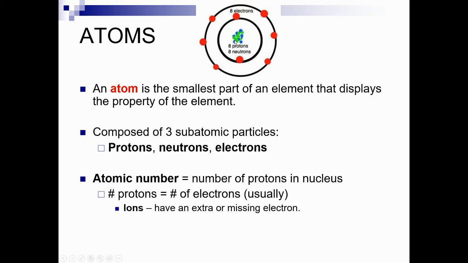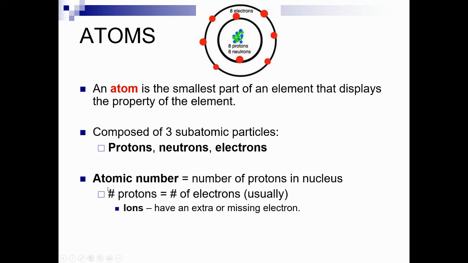So my atom has a nucleus where I find my protons and neutrons, and then I have the electrons circling around outside of this. My atomic number is the number of protons in the nucleus. Remember, my protons have a positive charge. Circling around the outside, my neutrons have no charge. Circling around the outside, I have negatively charged electrons, and they're going to balance. The number of protons is usually the same as the number of electrons.